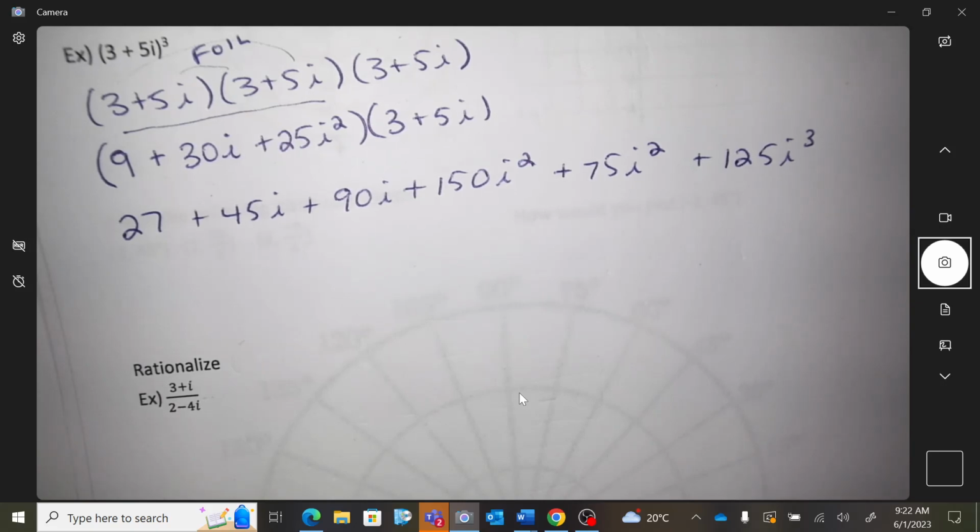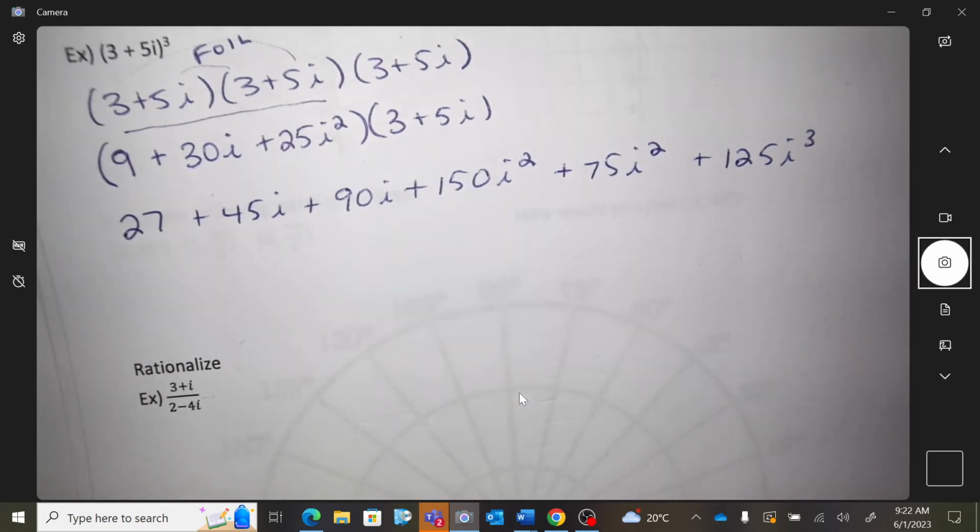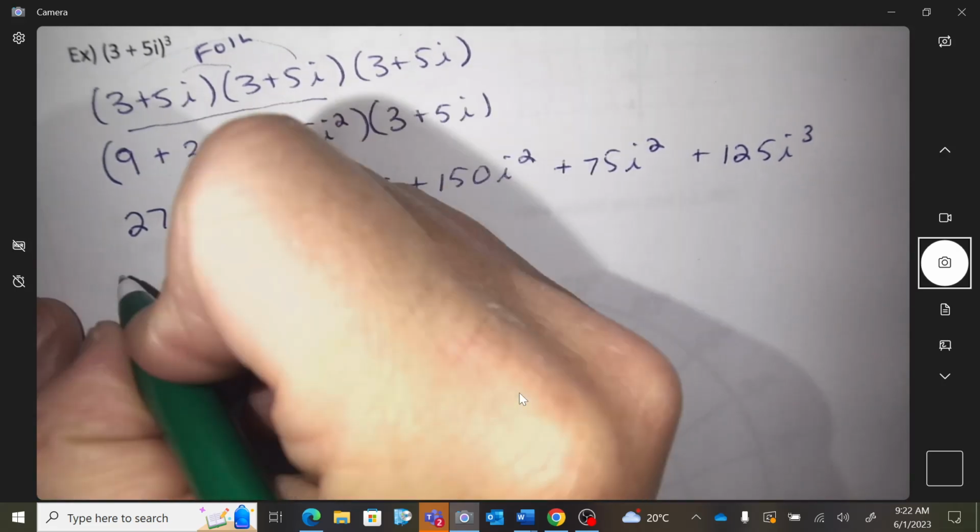Do we match on just the distribution of the 6? That was okay? Am I good? Okay, collect like terms when you're done here.